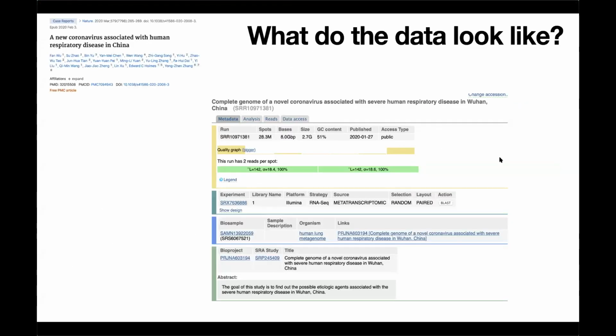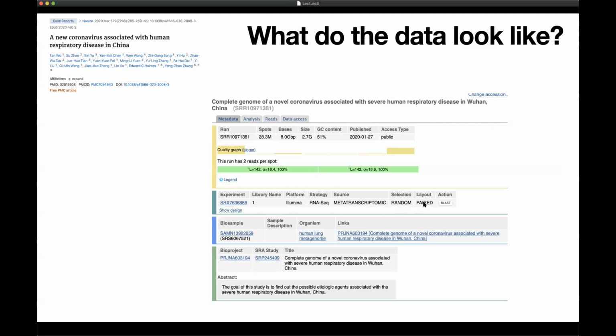And you can see for this particular data set, going back to the original discovery paper where the reference genome came from, their SRA record is public, so you can go and look at it to see what they actually generated. In this case, they have 8 gigabases. This was done using metatranscriptomics, using an Illumina platform, using RNA sequencing, so random selection, so random amplification.